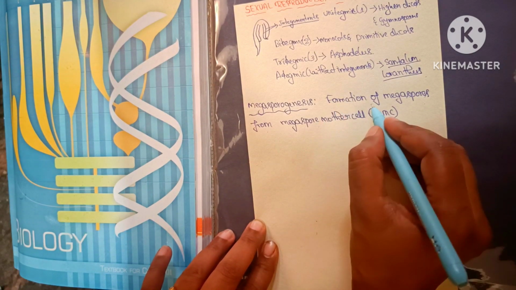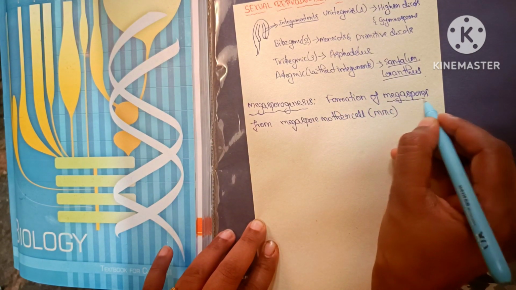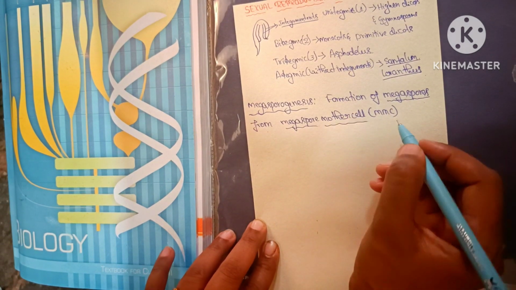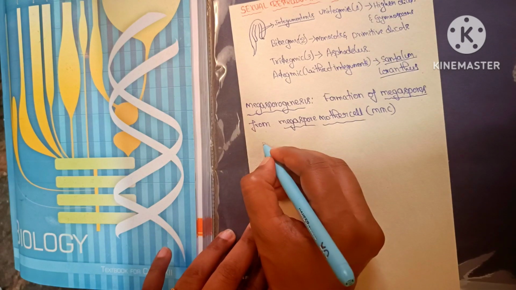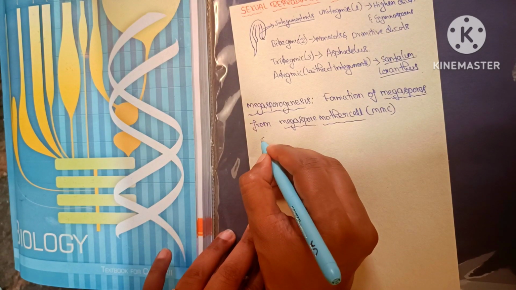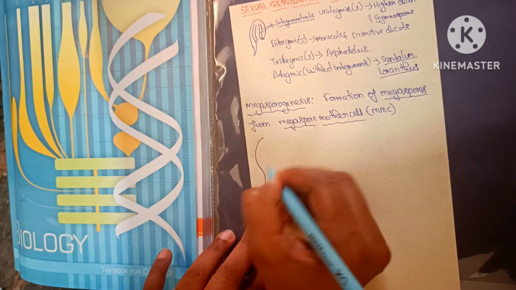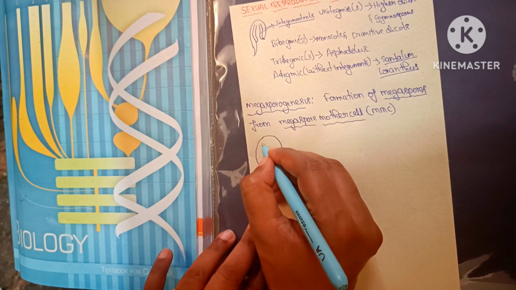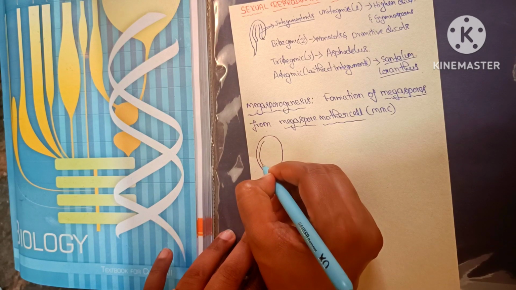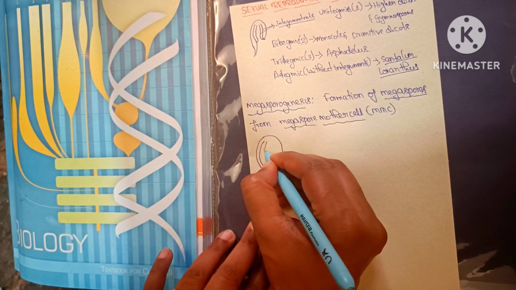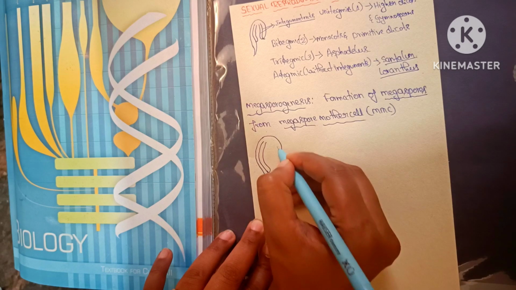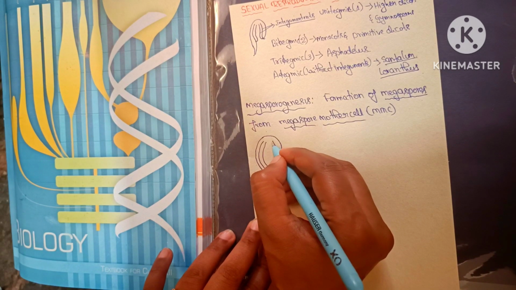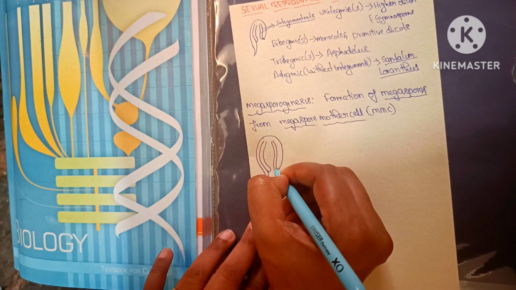Now to understand this process, that is where the megaspore is formed and how megaspore mother cells are formed, let's once again draw the structure of the anatropous ovule. This is the anatropous ovule or the inverted ovule, which consists of two integuments. This is the outer integument and this is the inner integument.